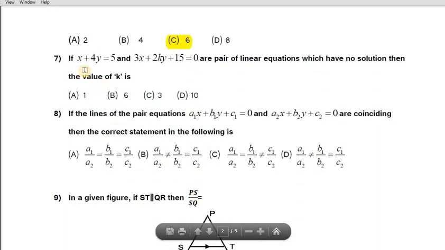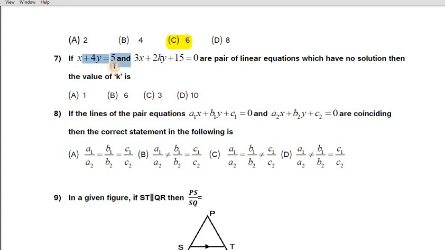Question number 7. If x plus 4y equals to 5 and 3x plus 2ky plus 15 equals to 0 are a pair of linear equations which have no solution, then the value of k is. See here, two equations they have given and asking to find the k value, and they clearly said these two equations have no solutions.